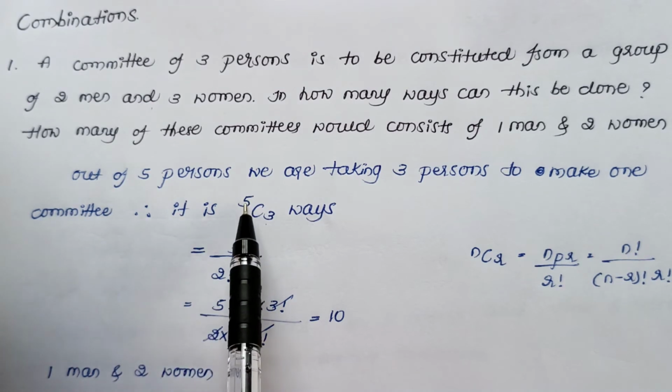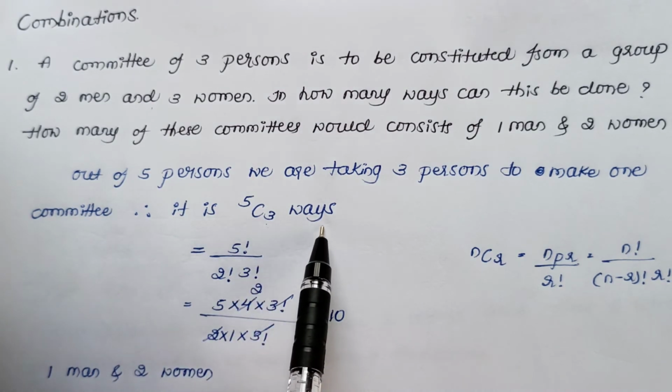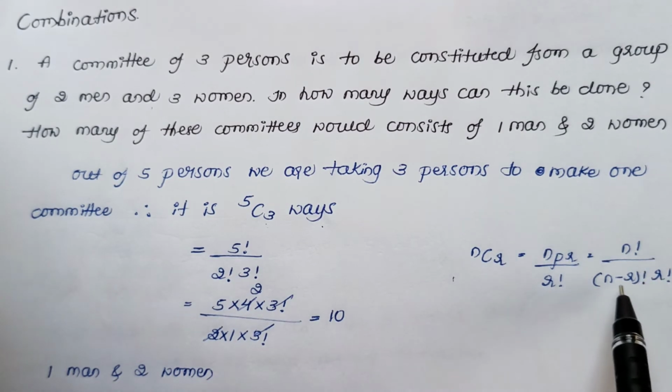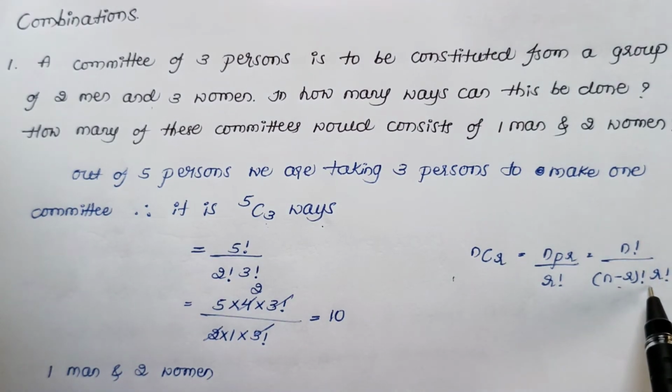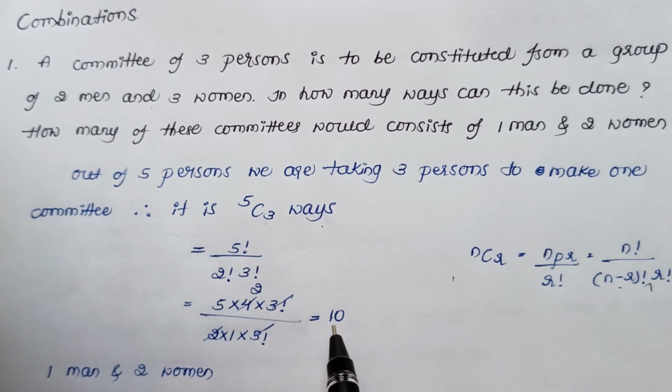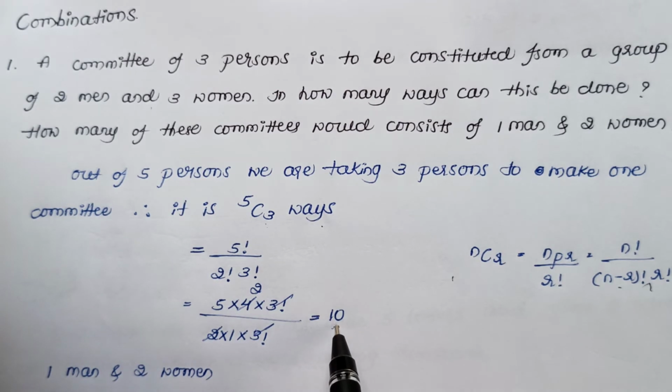Therefore, it is 5C3 ways. We know that nCr is equal to n factorial by n minus r factorial into r factorial. So apply this. By simplifying, you get 10 ways. In 10 ways, we can make a committee of 3 persons.